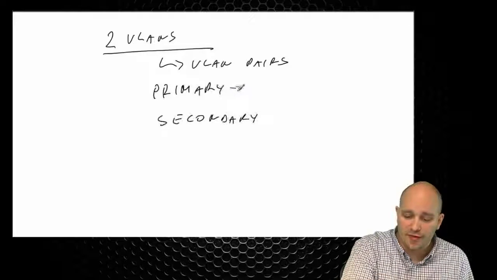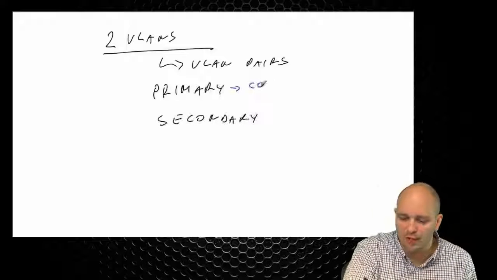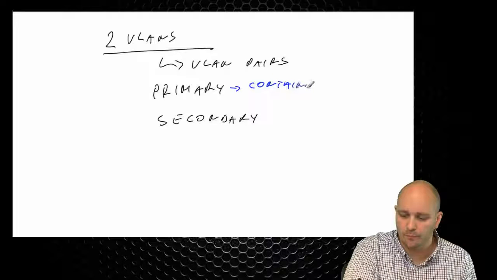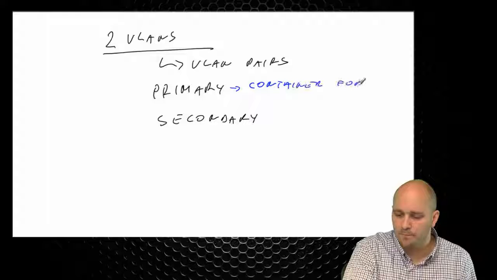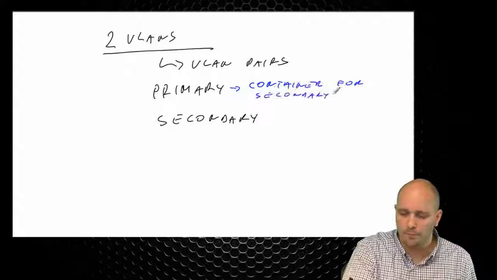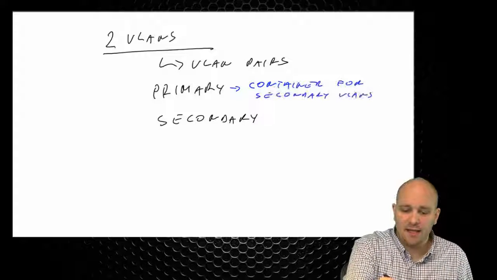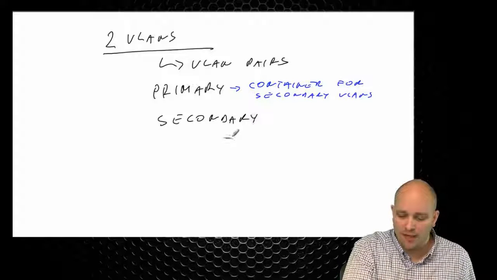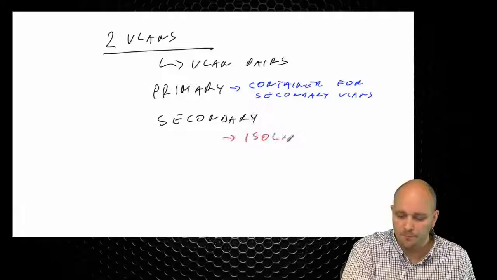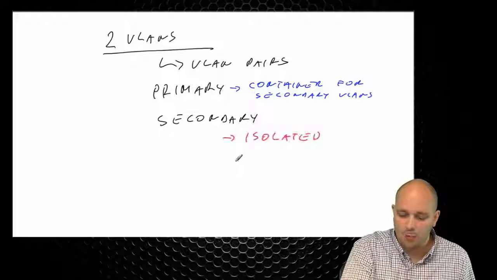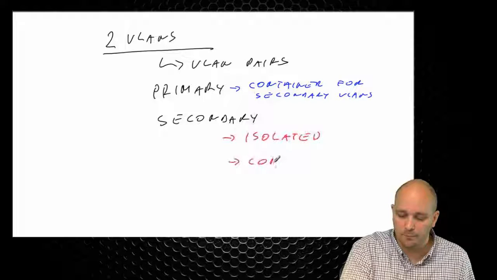I like to think of the primary VLAN as the container for secondary VLANs. Secondary VLANs can be of 2 types. We can have isolated VLAN and we can have community VLAN.